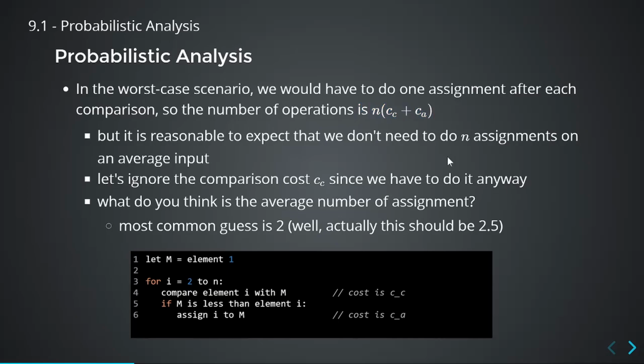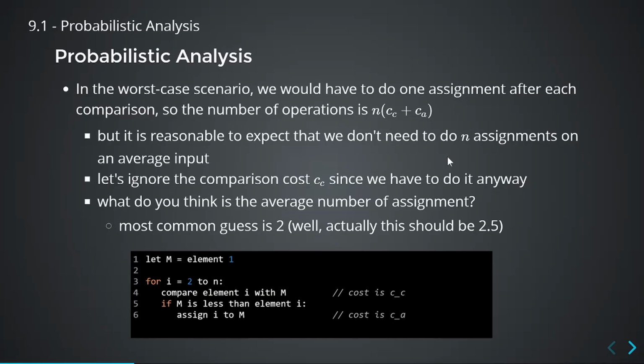But it's reasonable to expect that you don't need to do n assignments on average, right? And just to make it simple, let's ignore CC because you have to do one comparison anyway. Let's just concentrate on CA, which is the cost of assignment. So what do you think is the average number of assignments?